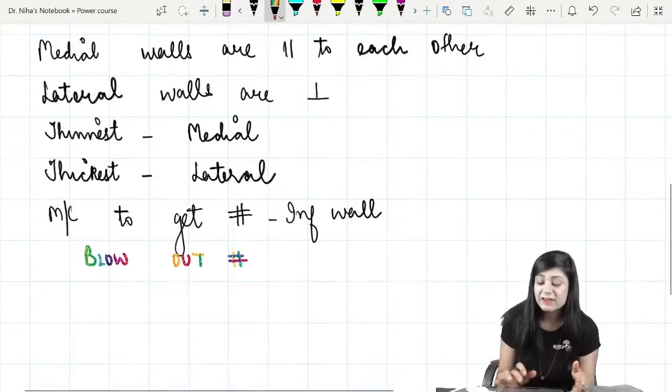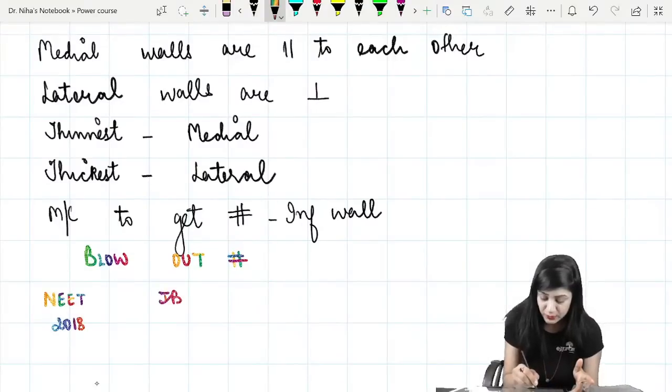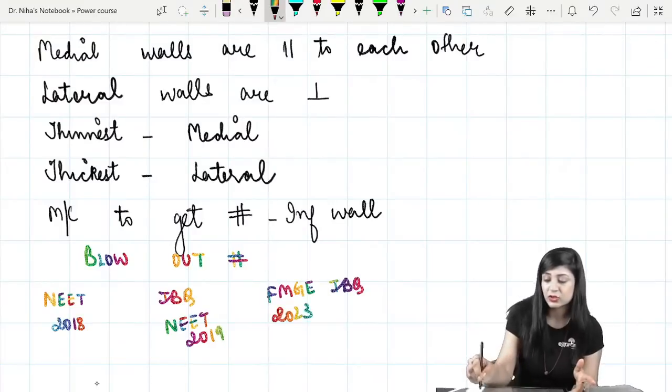This is a very, very commonly asked question. It was asked in NEET 2018. Then as an image based question, it came in NEET 2019. And then recently in the FMG examination 2023 also as an image based question this came.